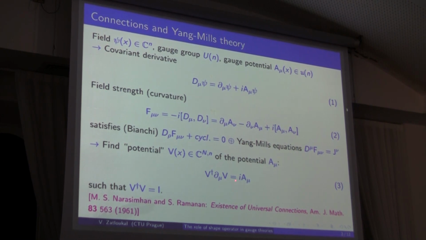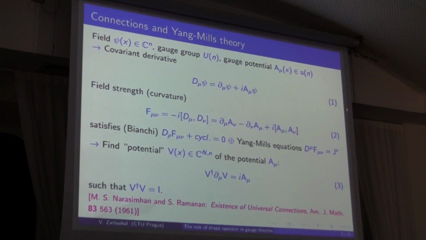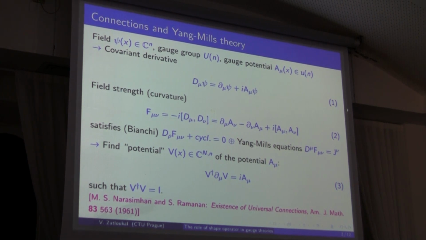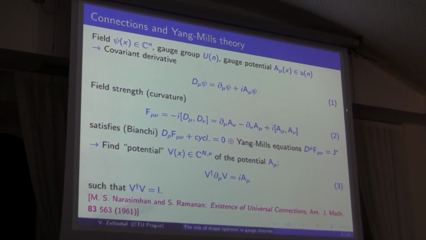And this V essentially gathers a little n-tuple of orthogonal vectors, which are vectors in the capital N dimensional complex space. And this goes under the name universal connections, and it was shown in the 60s.